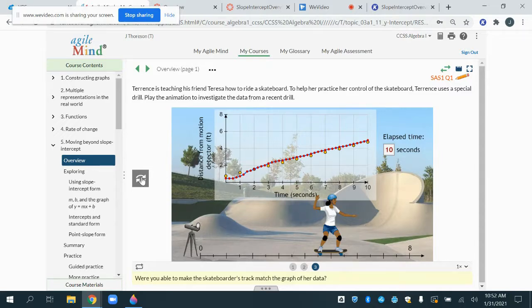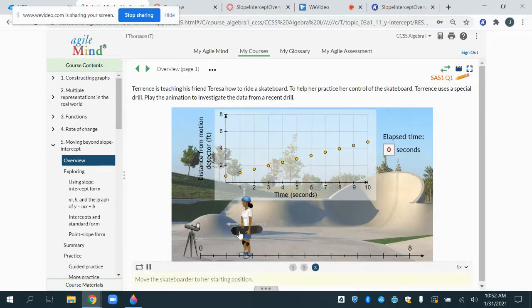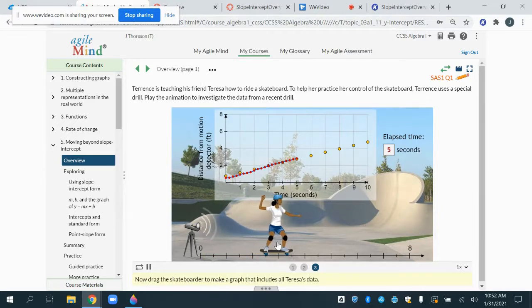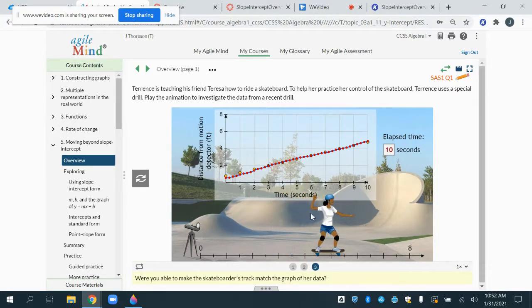It's not the best it could have been. Let's try that again. Let's start out at about 0.7 right here. Notice she's not speeding up. She's not slowing down. She's just coasting at the same speed constantly. Remember, if something has a straight line, that means it has a constant rate of change.